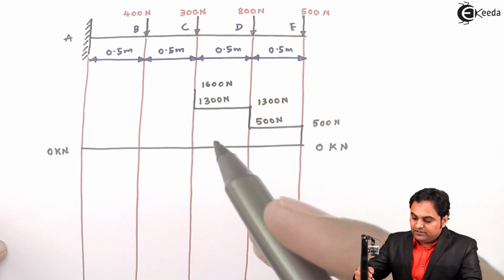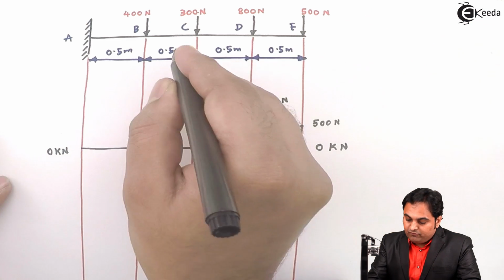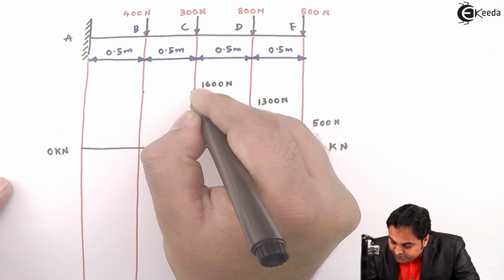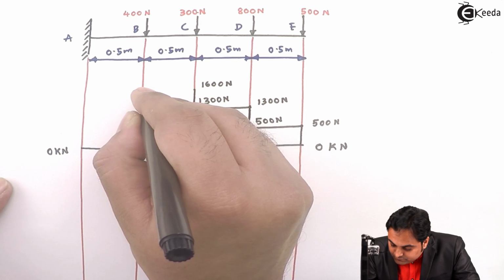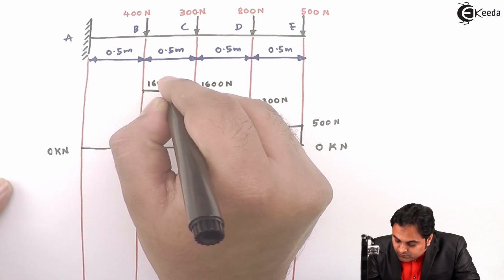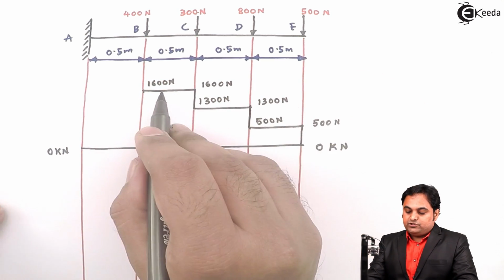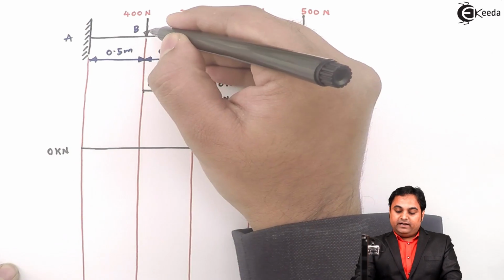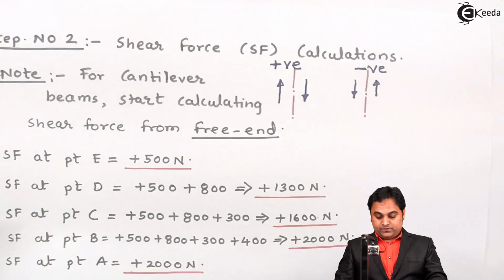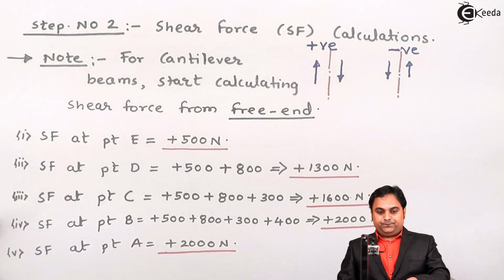Then this value of 1600 Newton will continue from C to B, as there is no load from C to B. So here the value of shear force is 1600 Newton to the right of B. Next, to the left of B, it is 2000 Newton.